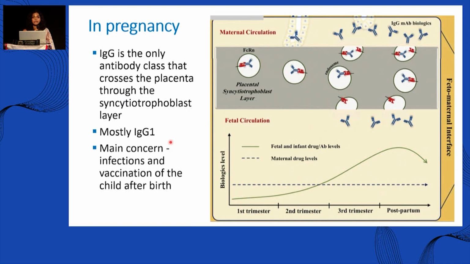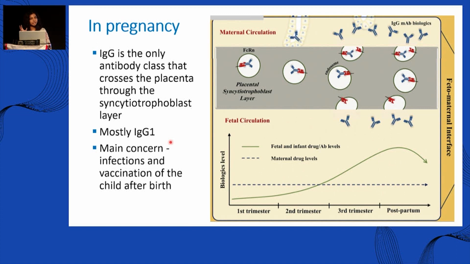Coming on to pregnancy, we are very, very scared to start or even continue any sort of DMARD. But the thing with monoclonals, biologics, is that initially in the first trimester, it's primarily a diffusion that happens. And later on, the uptake of these antibodies into the fetus is mediated by receptors that are expressed in the placenta, and they're endocytosed and then put into the fetal circulation. So towards second and third trimester, the fetal level of antibodies go up.